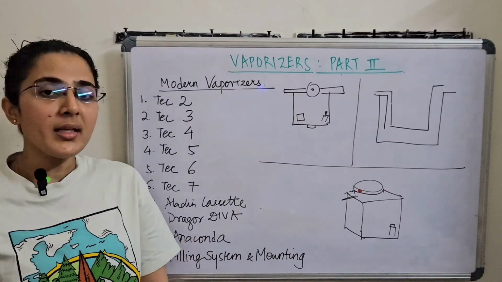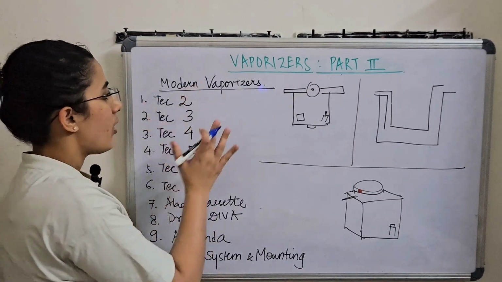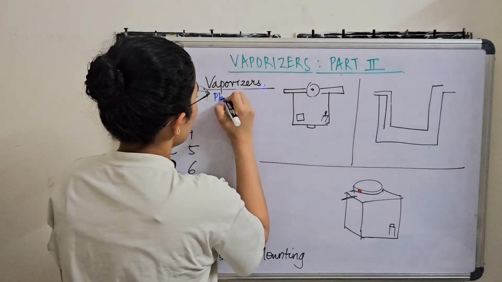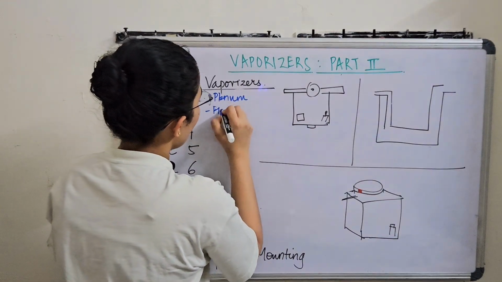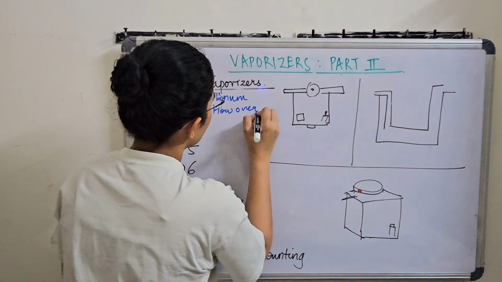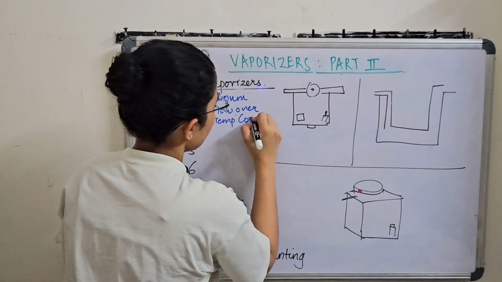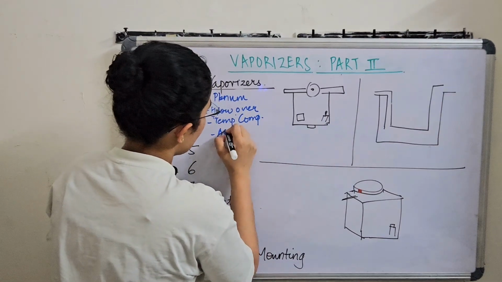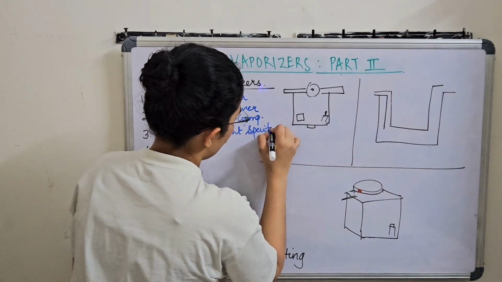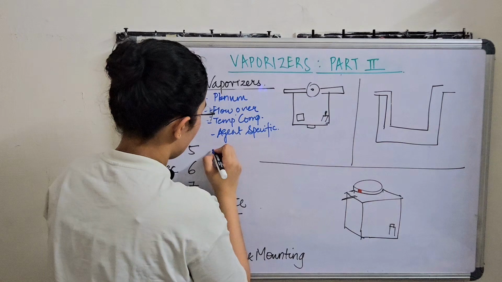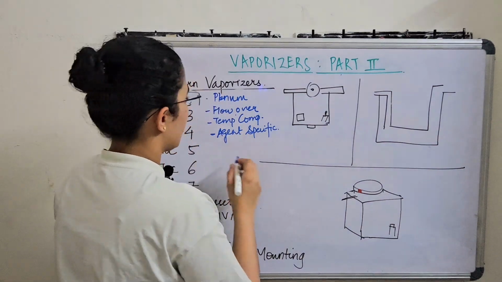Right. So coming to the tech vaporizers, or the tech series itself, all these vaporizers are plenum vaporizers. Okay. They are flow over vaporizers, temperature compensated, agent specific vaporizers.